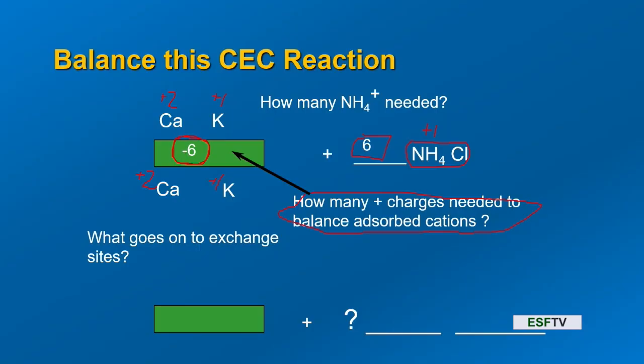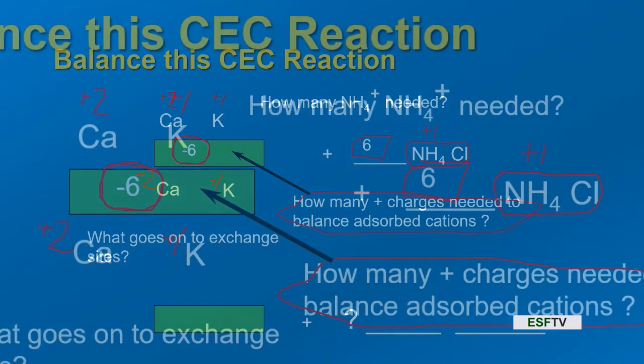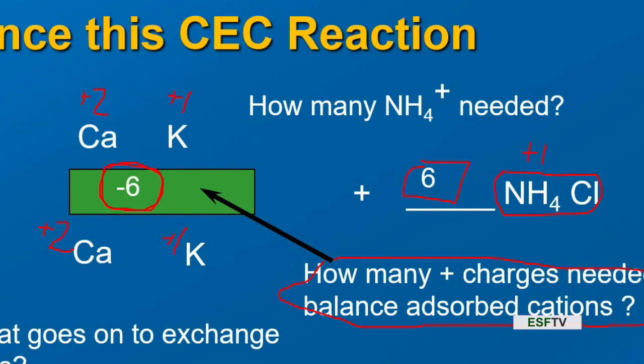So now if we run this reaction, I'm adding ammonium chloride, NH4Cl. What goes on to the exchange sites? Well, you'd have to say it's ammonium, right? NH4 plus is going to be replacing. So let's see, you have calcium +2, NH4 is +1. I need 2 of these, right? So if I'm going to take care of this spot here, I got to throw 2 NH4 pluses there.